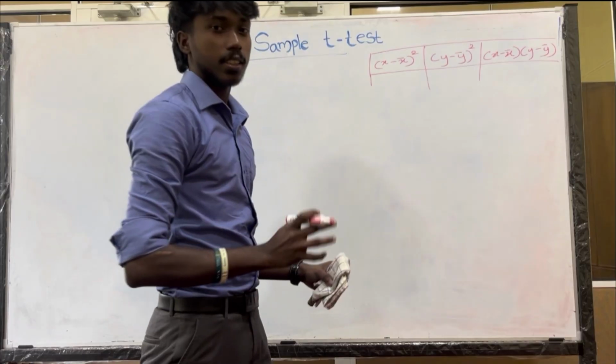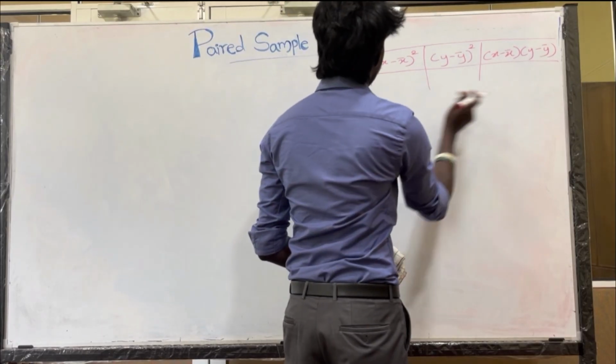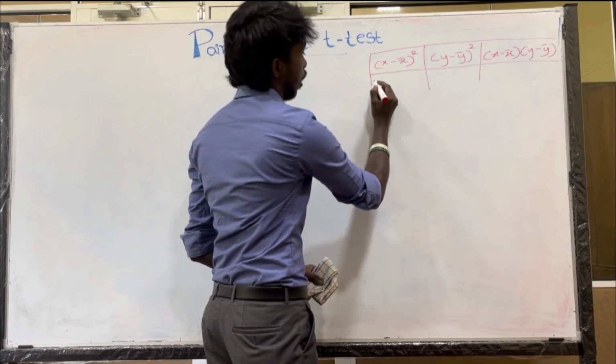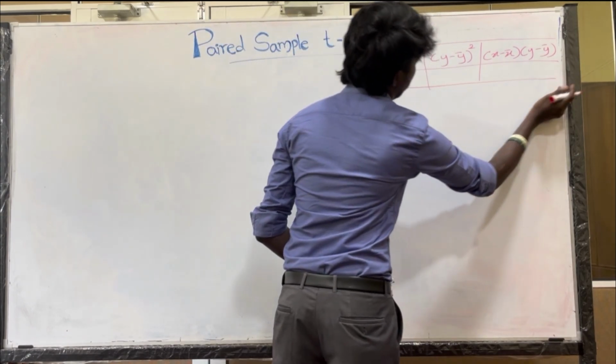We should calculate the total sum of these values. So we selected 10 companies. Briefly, I will get the sum of these values.